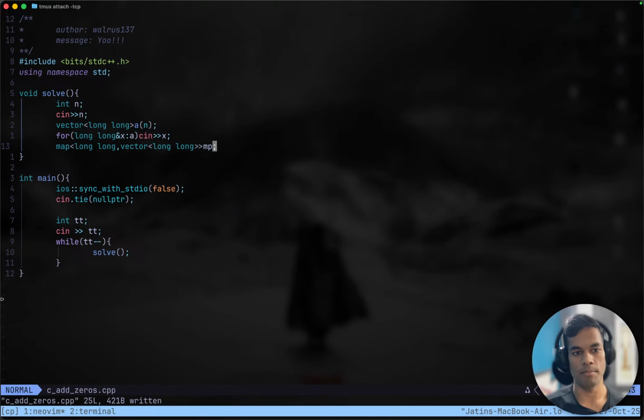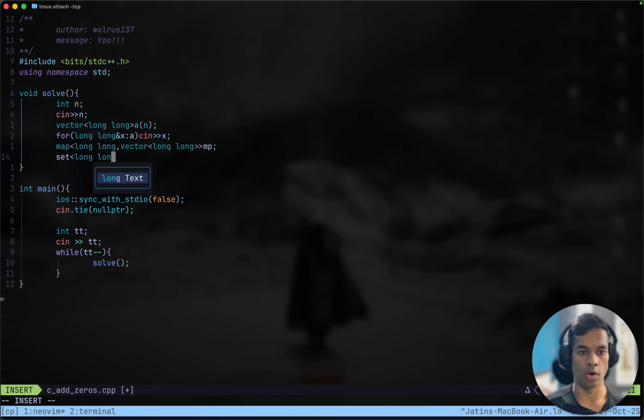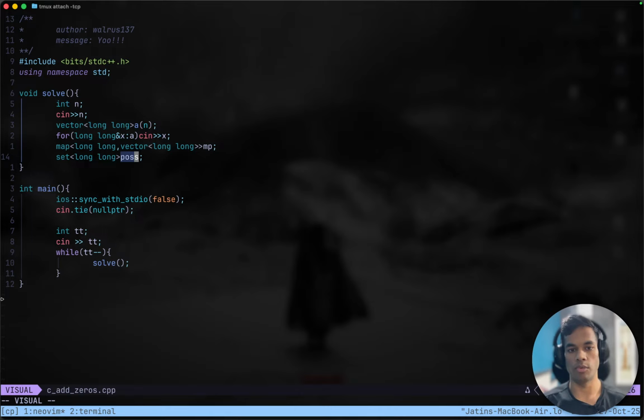We will call this mp. And in a set, we will have long values. This set would contain all the possible lengths which are achievable. And this map, since it is a map, has a key and a value. The key is just an integer, technically long, and the value is a vector.